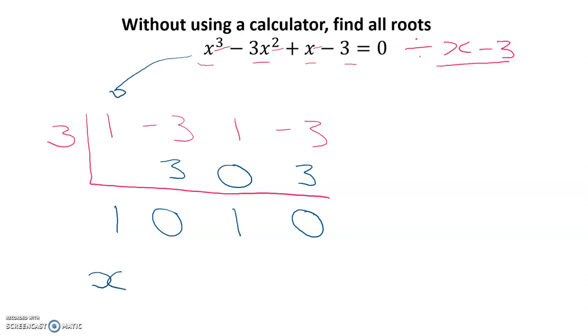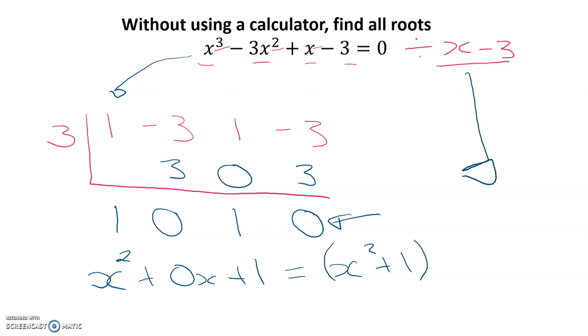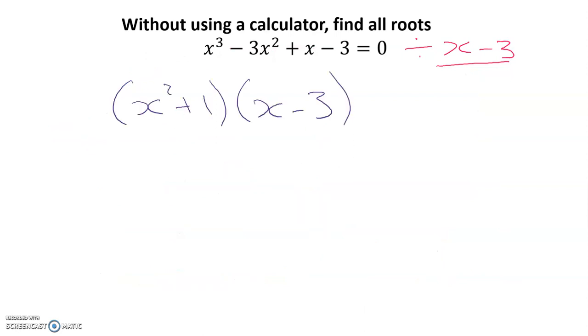It is always 1 less than the value of the exponent. So x squared, I have 0 x terms plus 1 and 0 remainders, so we don't need that. Then this just looks like x squared plus 1, and of course I've still got my other factor of x minus 3. And they are our factors, so we need to find our roots.